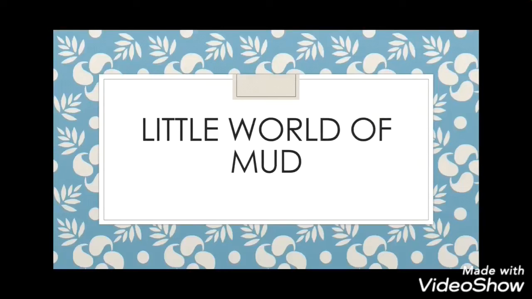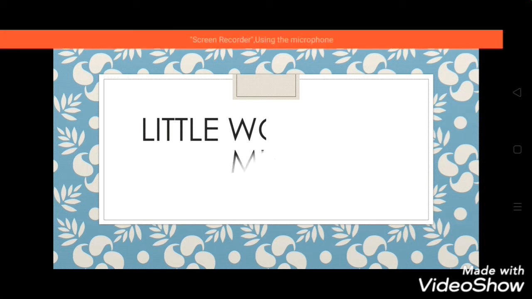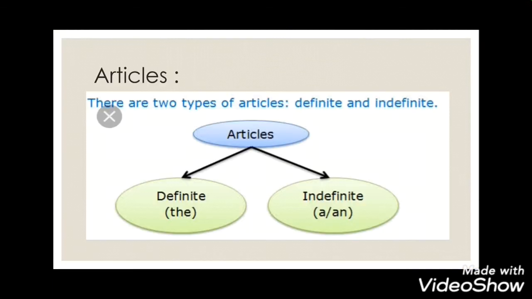Good morning, students. So, in our last class, we started to discuss the textual grammar from Little World of Mud, and we started with articles. In the last class, we got to know that there are two types of articles.